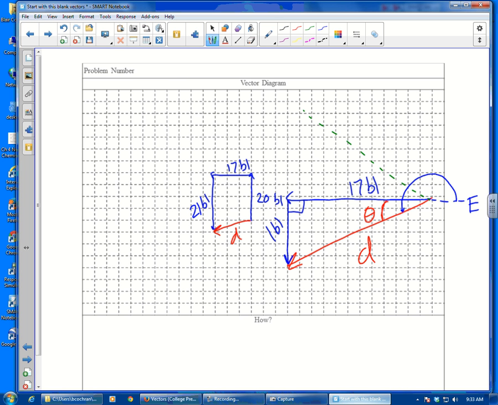Now, if mine was the green, right? You mean yours is the opposite of green on your paper? It looks like the green. Oh.